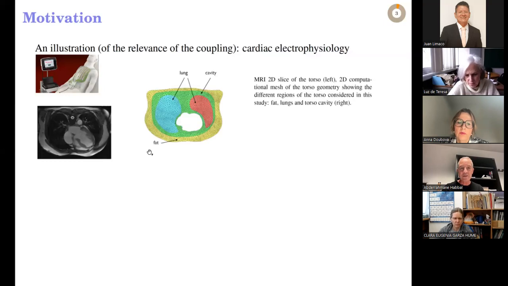So here we have led this model study. We use a simplified model of the MRI. You see different colors for different components of the body: we have fat, cavity, lungs, and the heart. Here we consider the heart, as we are only interested in the electric activity inside the heart.